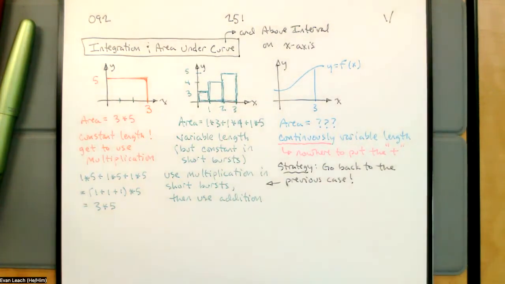What that means is that we're going to assume that the function is constant in short bursts so that we could use multiplication in short bursts, then use addition. Then make the short bursts infinitely short.